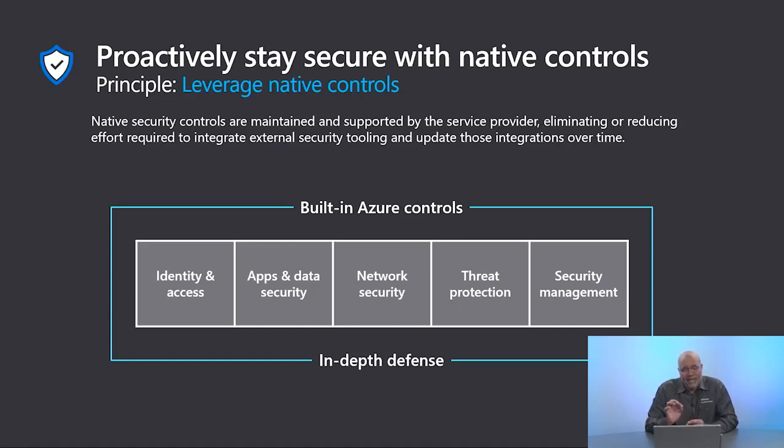What we mean by native security controls are controls that are maintained and supported by the service provider, and that eliminates or reduces the effort required to integrate external security tooling and update those integrations over time. And so you look at, as I mentioned, an in-depth defense strategy, and you look at the built-in Azure controls, going from the controls that are available to you from an identity and access standpoint, from an apps and data security standpoint, network security, threat protection, as well as security management.